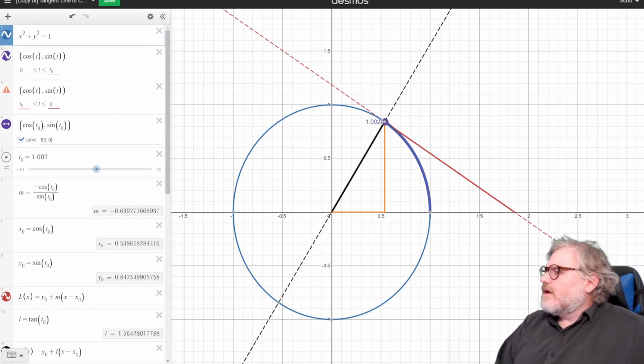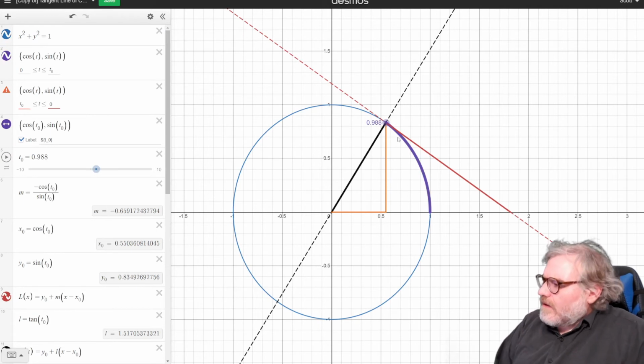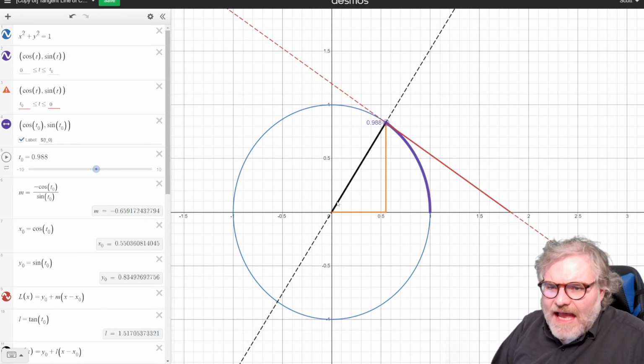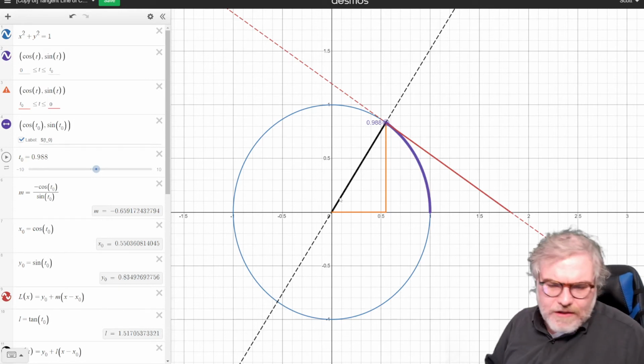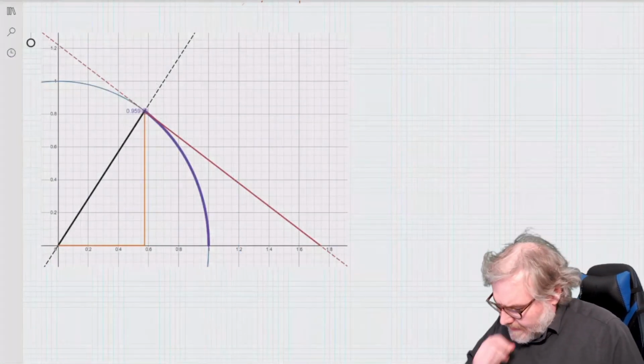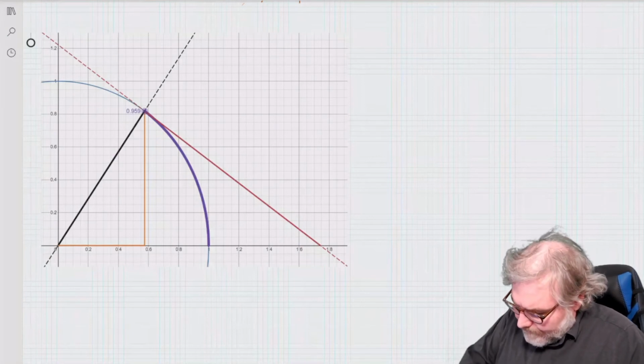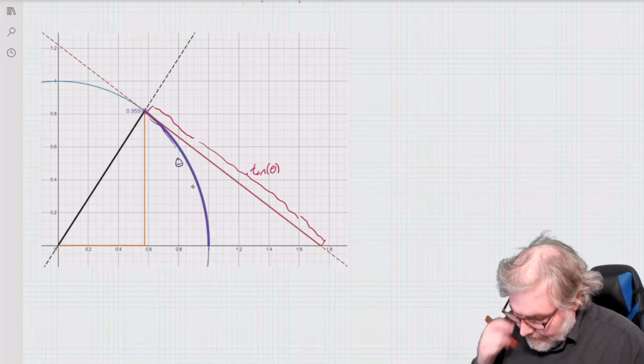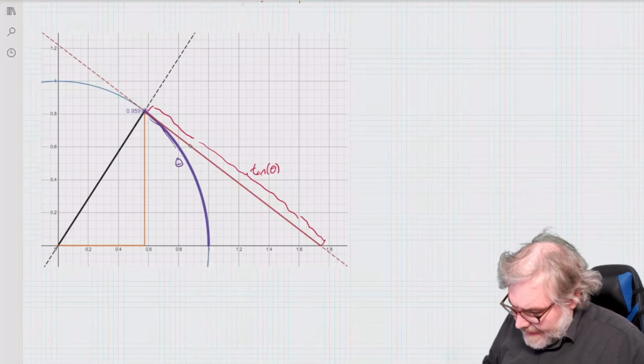Now, the setup here, what we're going to do is we want to talk about these triangles. Notice that there's a triangle here, and there's a triangle here. And they share that angle. So let's look at that. Okay, let's make some notes here. So the arc length is theta.